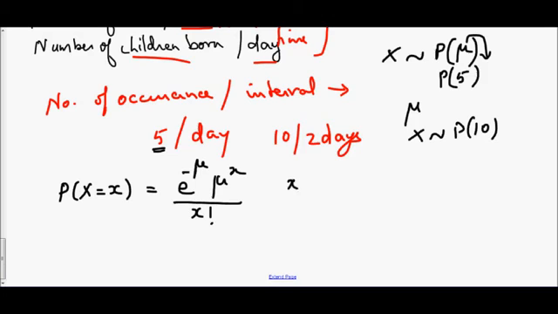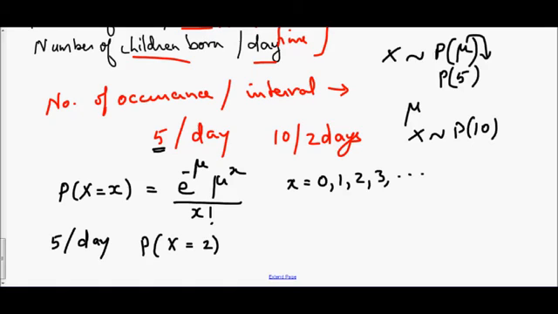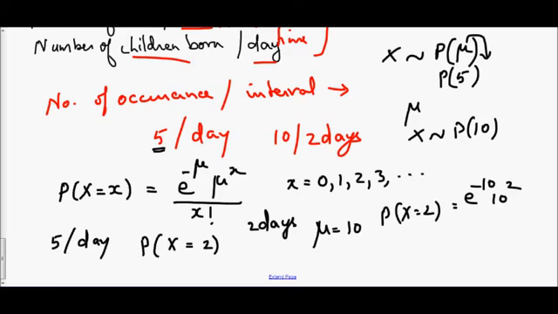This is discrete, therefore the values of x would be 0, 1, 2, 3, etc. If there are 5 children born per day, and your question asks for the probability of having 2 children born in 2 days, what is the probability that X is equal to 2 when we are considering 2 days? In this case mu would be 10, and P of X equal to 2 would be e to the power of minus 10, times 10 to the power of 2, divided by 2 factorial.